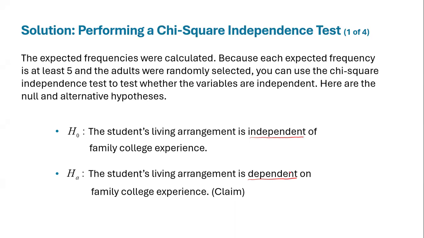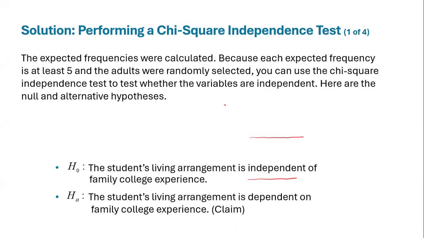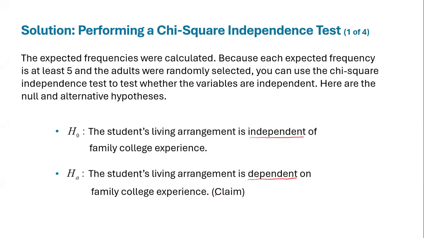And since the question is asking, can you conclude that the variables are related? Related means dependent. The claim says they are dependent. So that's why the claim goes for the alternative, because dependent is in the alternative. Okay, let's see if we can support the claim or reject the claim.